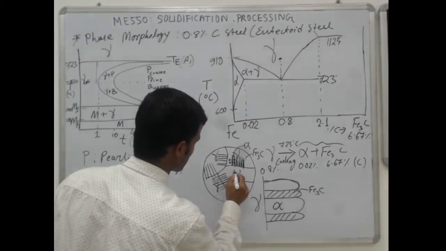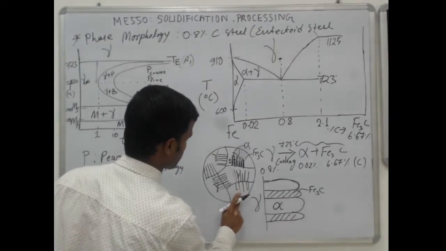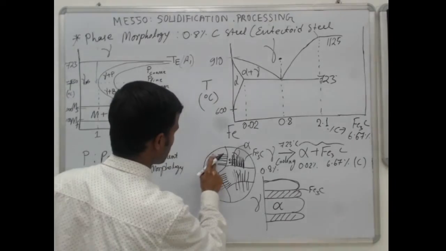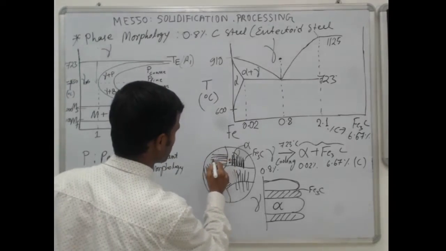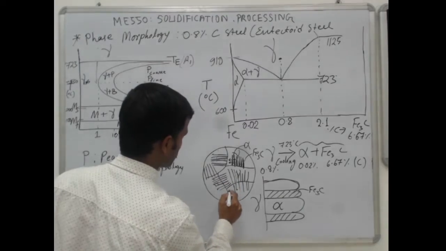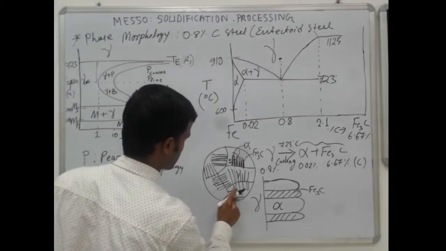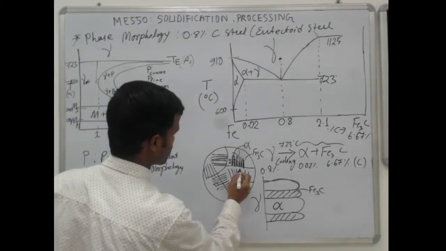So it will grow like this, and ultimately all the austenite will be gone and you will end up getting only cementite and ferrite. They will not intersect with one another.